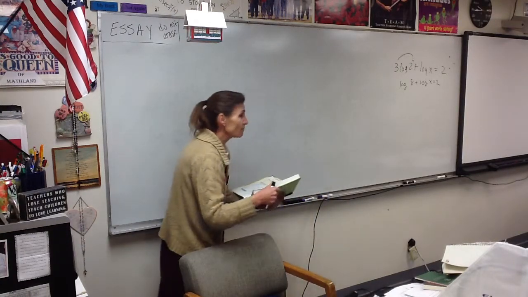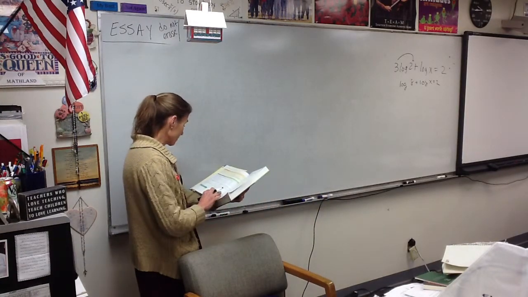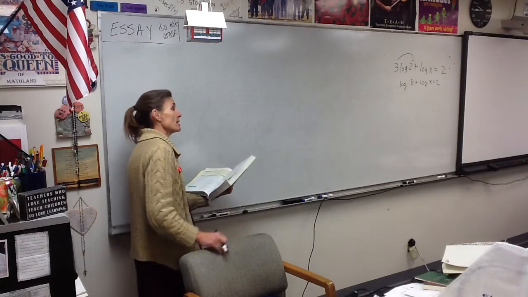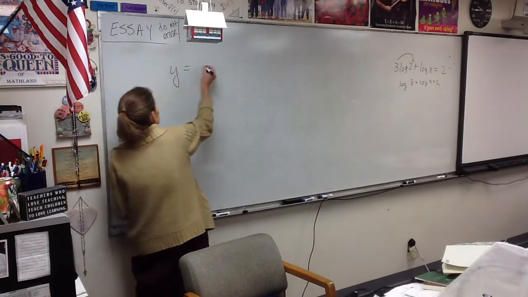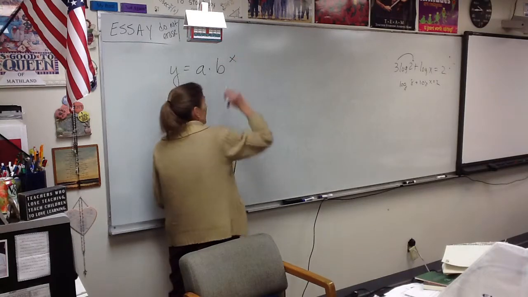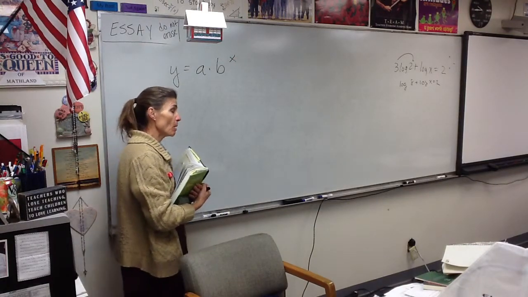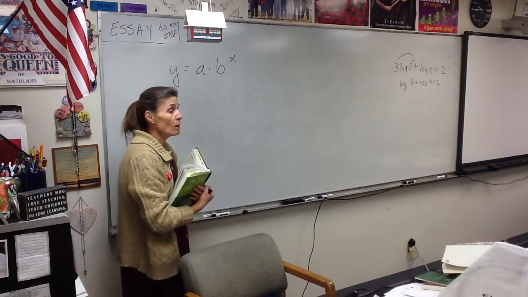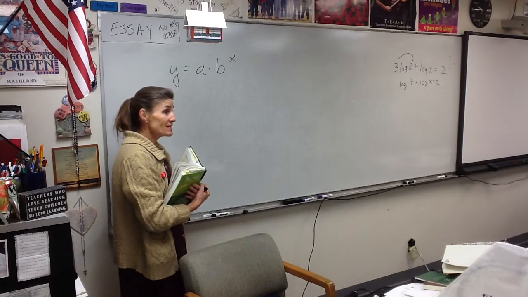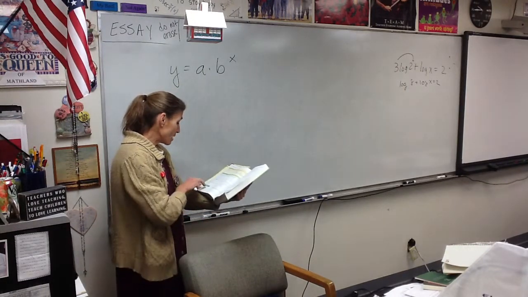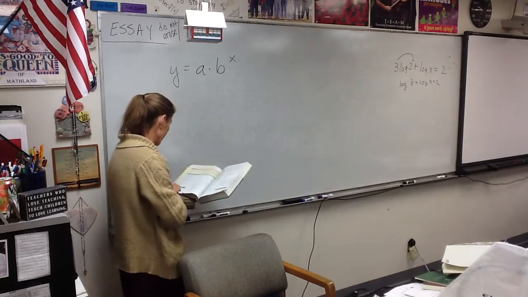Now what's a little bit different about problem number 11 is, yesterday in our example problems, this is the kind where you're writing an exponential function. Yesterday in our example problems, I only gave you 2 points. This time, they gave you a whole table of values.